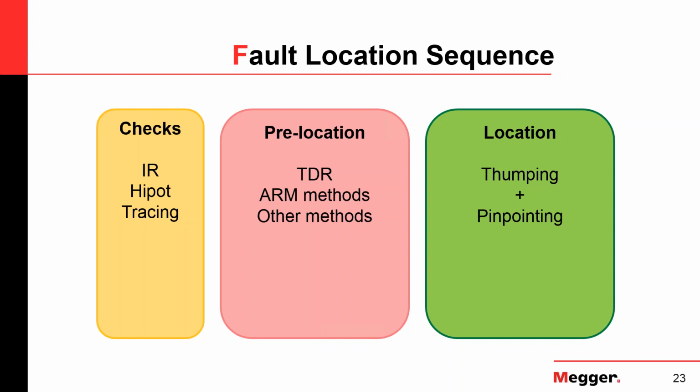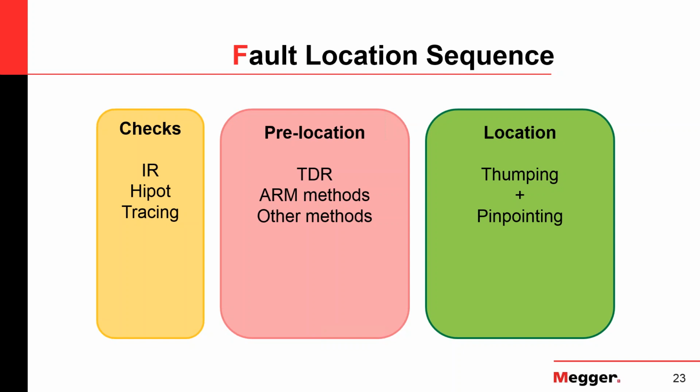So we have some checks, which is insulation resistance, then a high pot, then maybe tracing the cable, even though that is recommended, not necessary if you have good maps and you feel confident. Then we have the big block of prelocation, and within the prelocation we find the radar, the TDR, then the arc reflection methods, and then other methods which are more complicated.